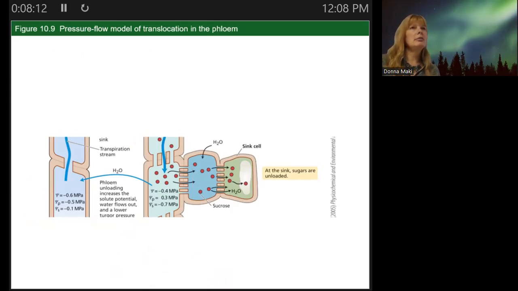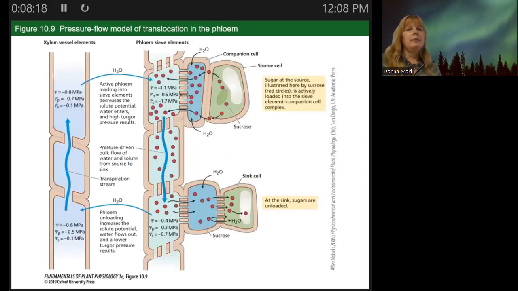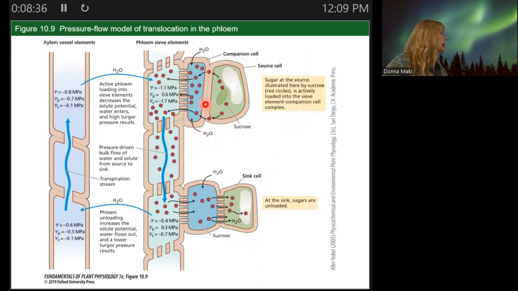Making sense? Kind of? So this is the entire picture put together from start to finish. This is exactly what we just looked at. I've just uncovered all the parts so it's all intact. So you have the buildup of pressure in the source, leaf tissue typically, higher pressure.